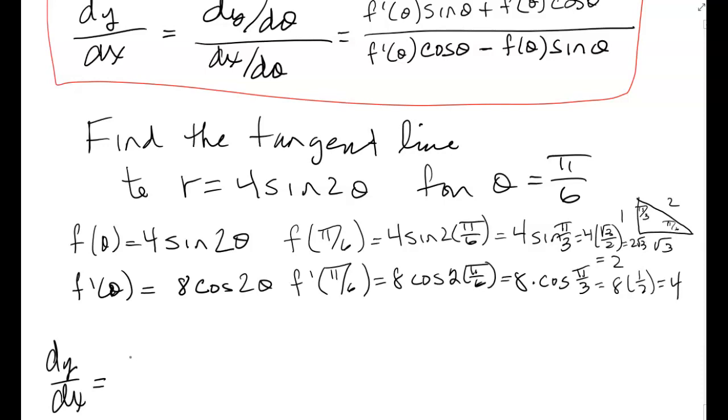All right, so dy dx is f prime of theta. Oh, that's 4 times sine of theta. Remember, theta is pi over 6, so that's 1/2. Plus f of theta, which is 2 radical 3, times cosine of theta.